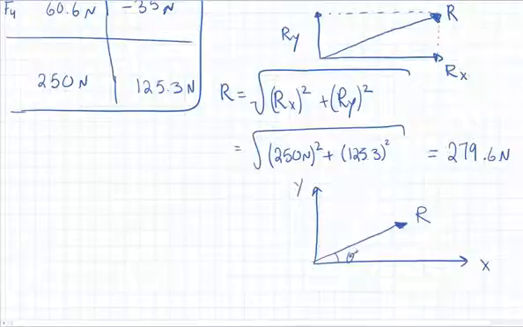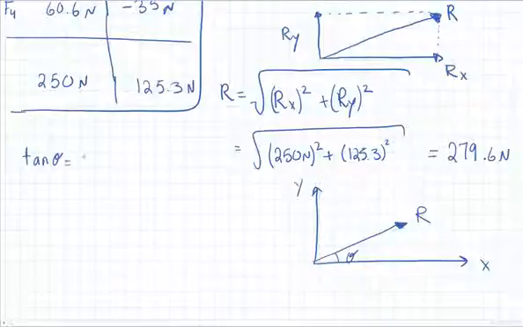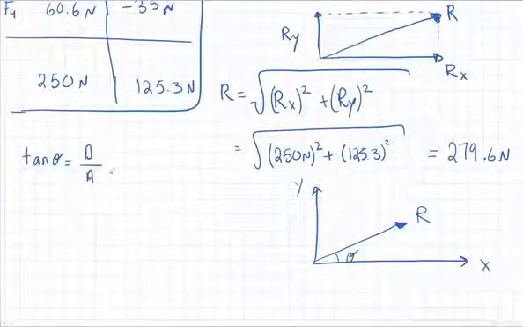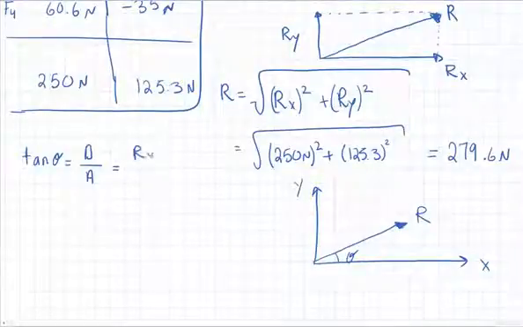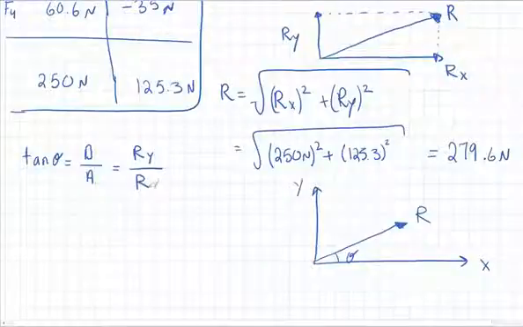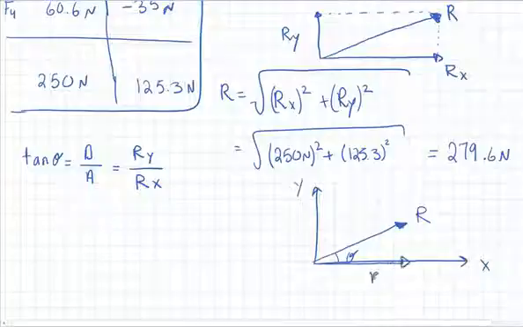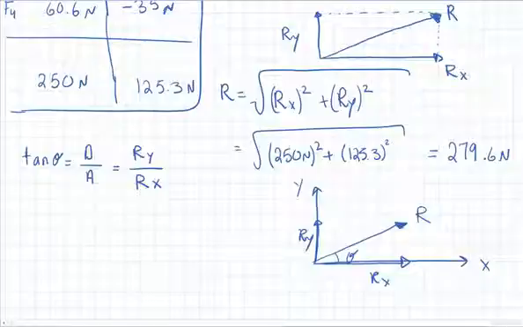I know that tan theta is equal to the opposite over adjacent, which is Ry over Rx. I know what Ry is, I know what Rx is, and I just need to find what that angle is.